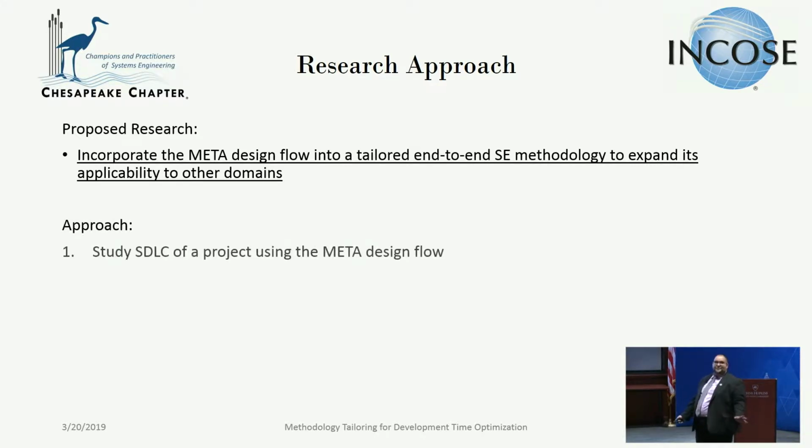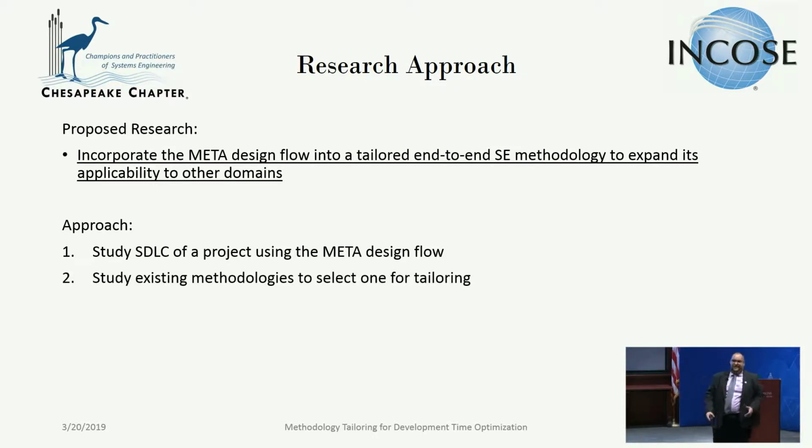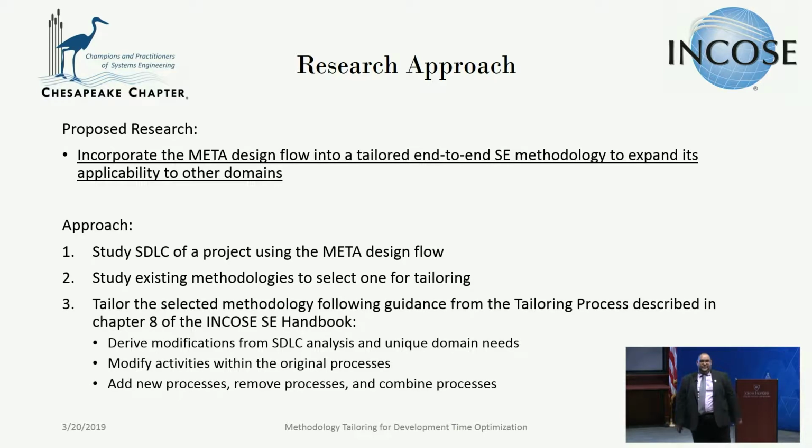It's 3 simple steps. So first, study the system development lifecycle of a project that is using the meta design flow. Second, study existing systems engineering methodologies, both traditional systems engineering and model-based systems engineering. Just compare them and compare them to the meta design flow, see if they're consistent or not. And then finally, just tailor one of them. Choose one and tailor it, following the INCOSE Handbook's Chapter 8 on tailoring processes, right?